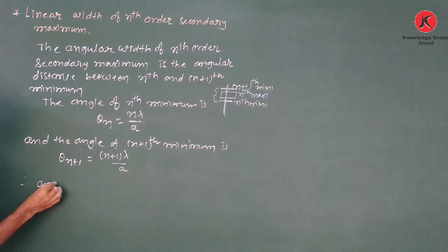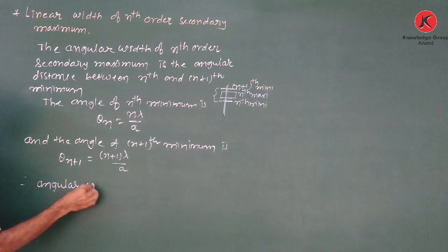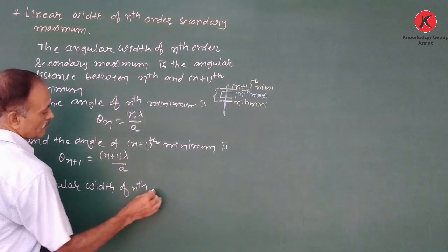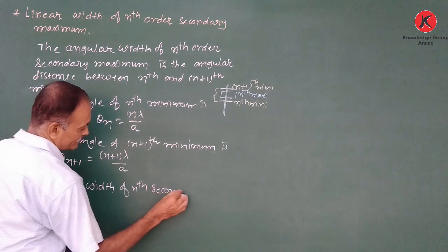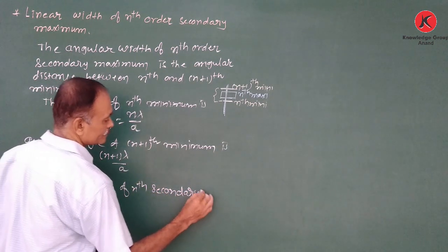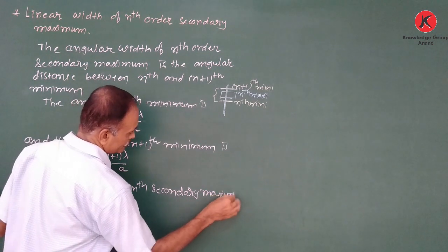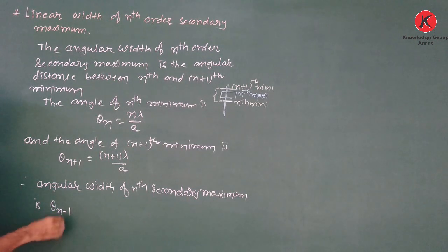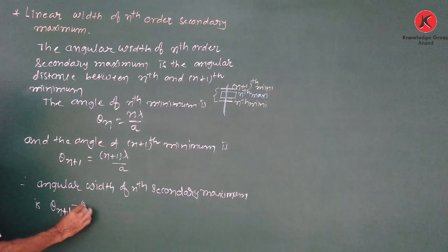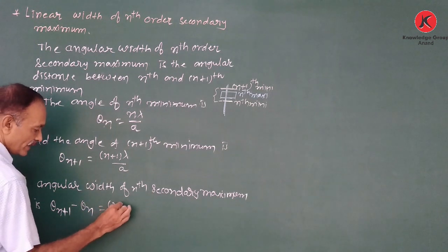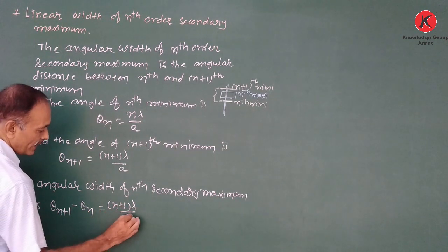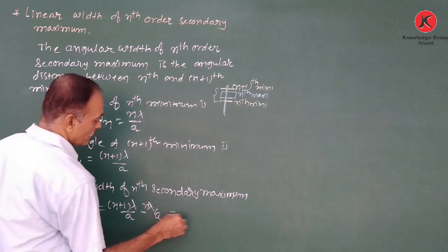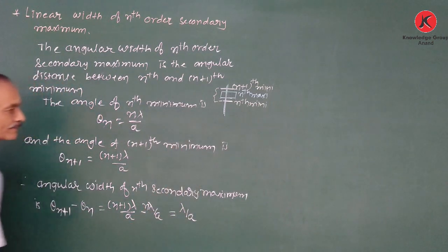Therefore, the angular width of the nth secondary maxima is the difference between these two angles, theta n plus 1 minus theta n, is equal to n plus 1 lambda upon a minus n lambda upon a. So we obtain lambda upon a only.